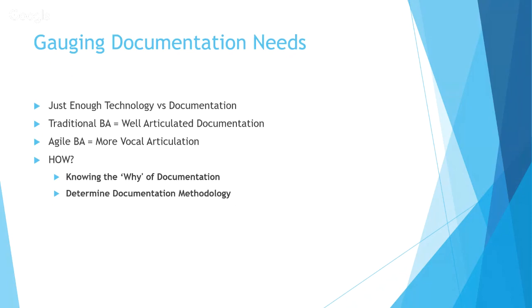There's a quote in here, and I'm losing my place already. The traditional role of a business analyst was to document requirements in a well-articulated manner for the business and development team. This goes back to waterfall days, when the traditional role of a BA was to document and be well articulated.